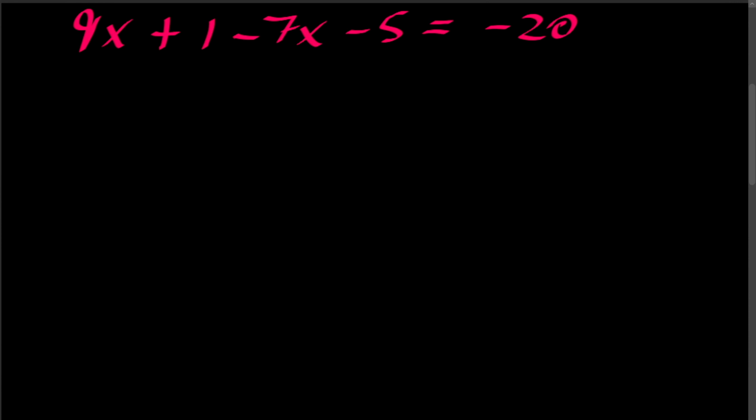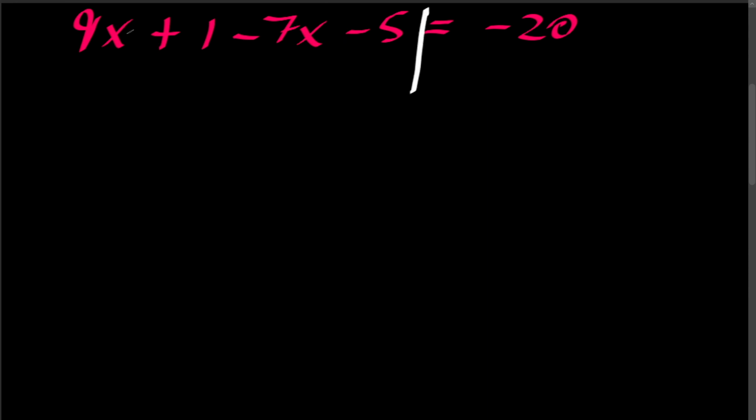Once again, let's go through our steps. Step 1, we have to distribute. Here's a trick you've seen me do in other videos. We want to know where our left and right side of our equal sign is. So an easy trick, draw a line right at the equal sign. Now we can see the left and the right.